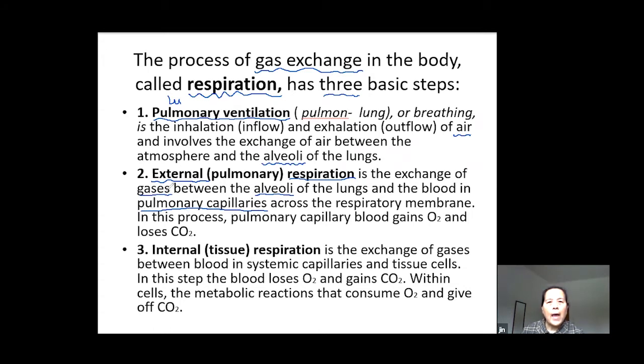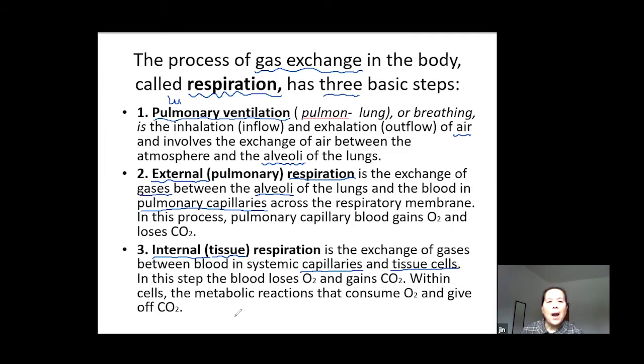So that's the second part. And the third part we call internal respiration. Internal means in the tissues: the gas exchange in the tissues, from the blood circulation in the capillaries to the tissue cells.